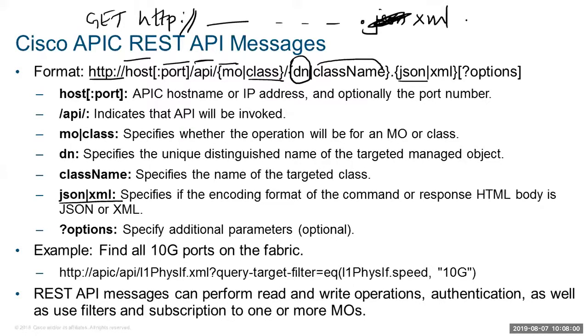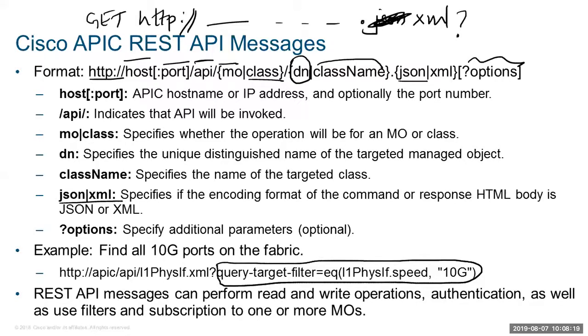Okay. You can always follow this. You can say, show me all interfaces, but only show me which has speed of 10 gig. So you can use a filter. Okay. All of this is part of the filter, starting from the question mark onwards.